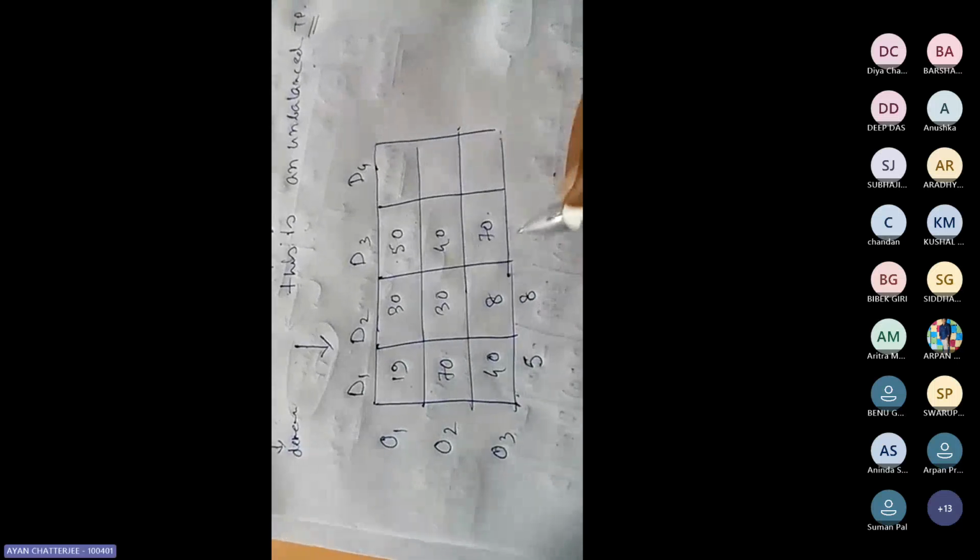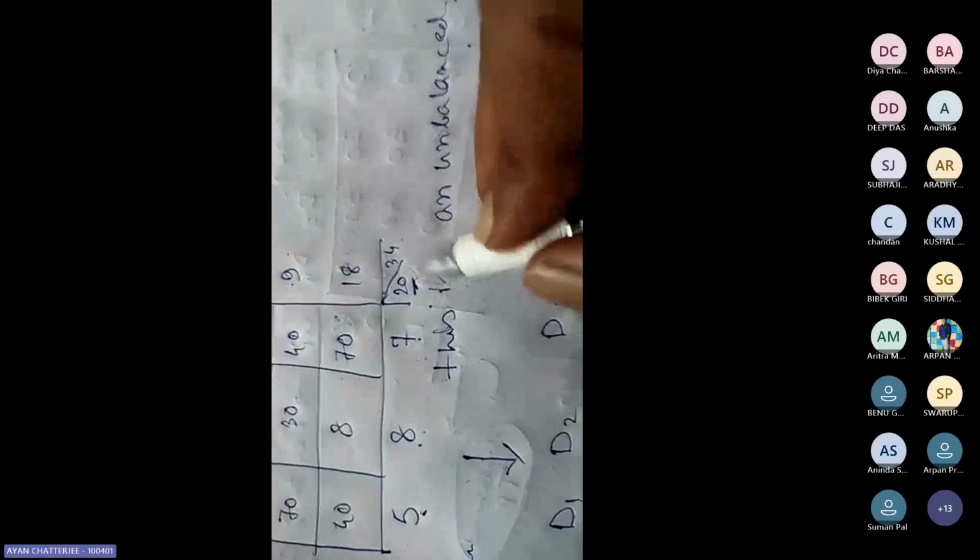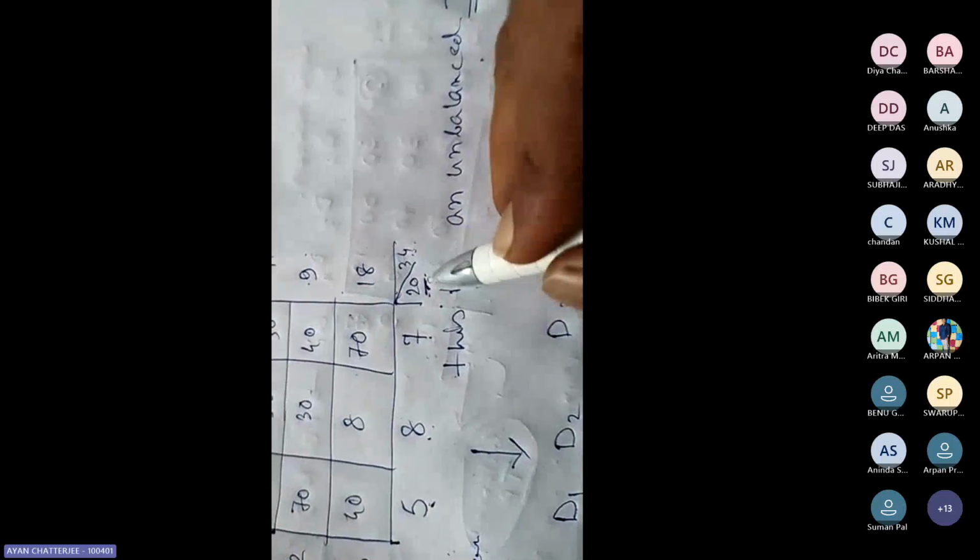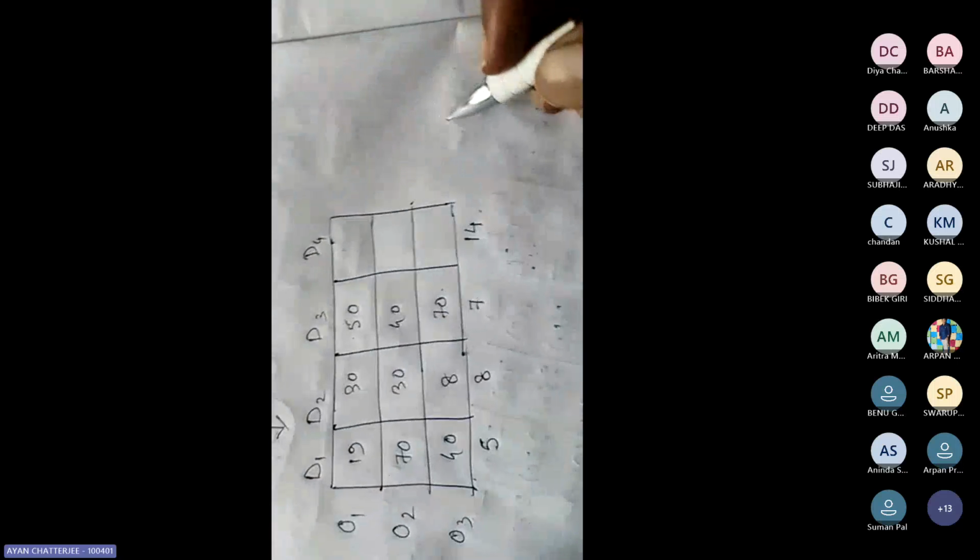The demand was 5 unit, 8 unit, 7 unit, and the difference between demand and supply is 34 minus 20, that is 14 unit. So obviously we need to allocate one additional demand of 14 unit, but it will not impact our problem.